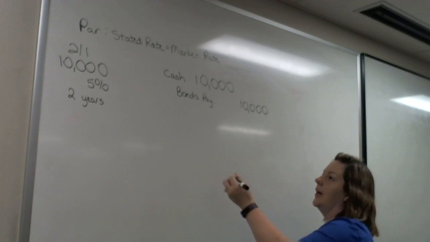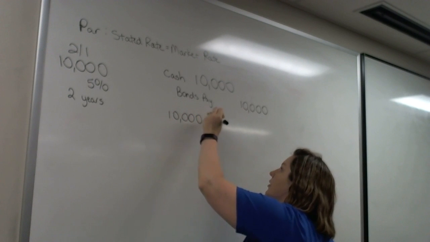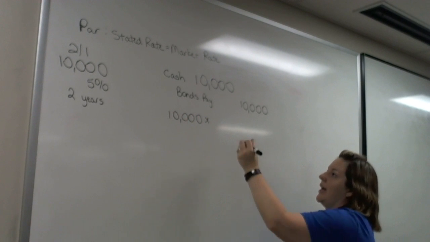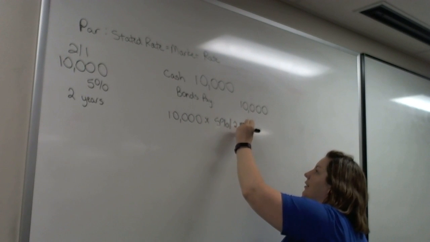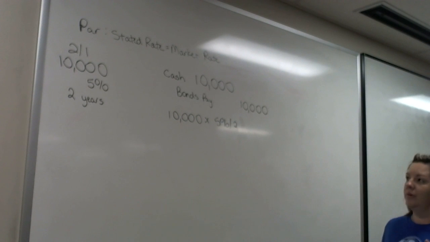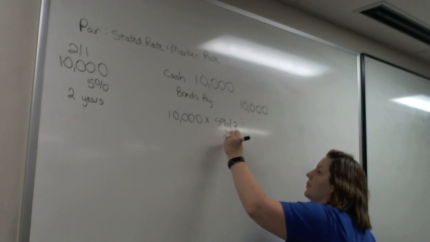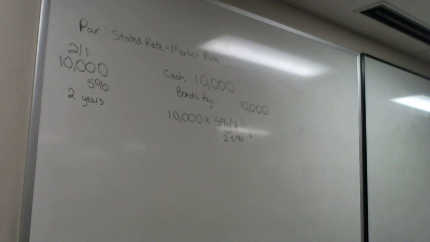So interest on this bond is always going to be $10,000 times the semi-annual rate. So we would take 5% divided by 2. Okay, so your interest is $10,000 face value times your semi-annual interest rate of 2.5%.